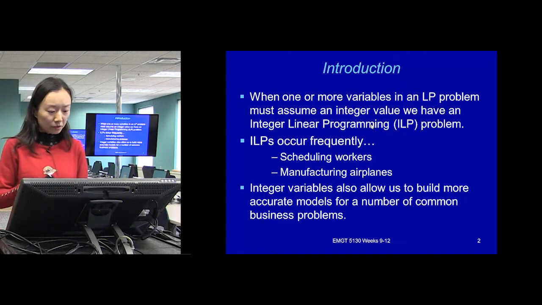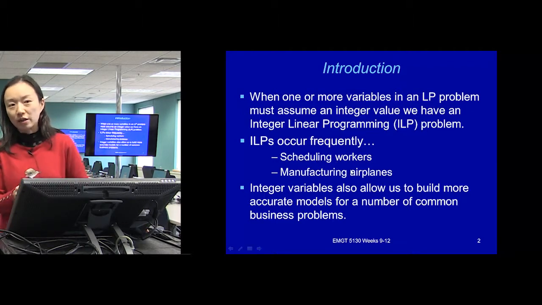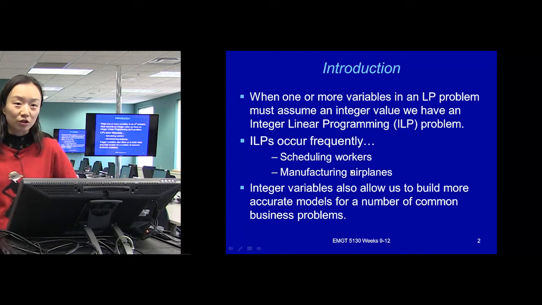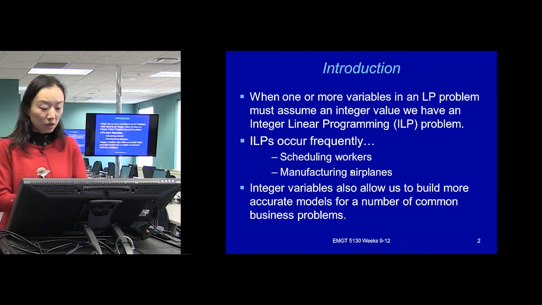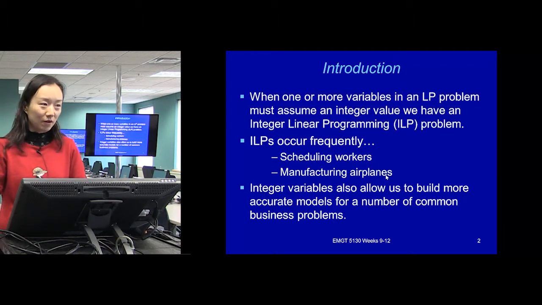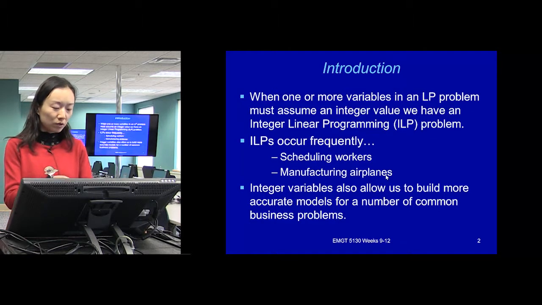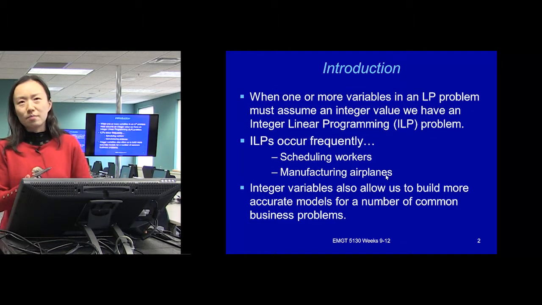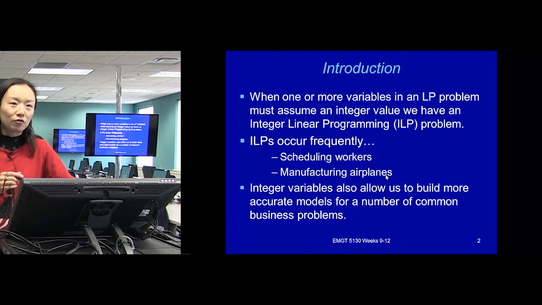ILP occurs very frequently. When you schedule workers, you cannot schedule, say, 1.5 workers to work on a shift. Or when manufacturing airplanes, we cannot say we manufacture 1.5 airplanes. In many of the problems we formulated earlier, it makes more sense to set those integer constraints.